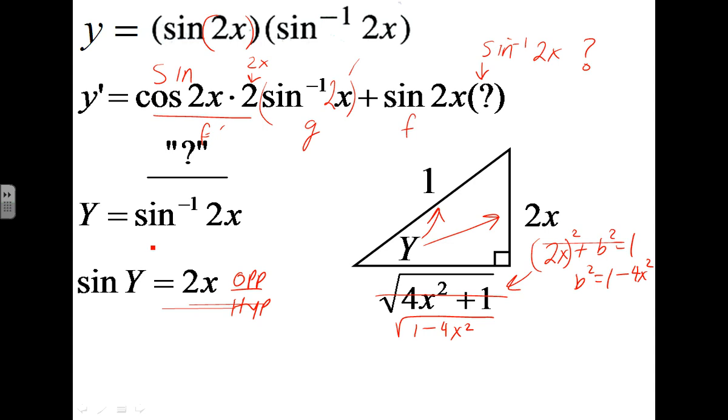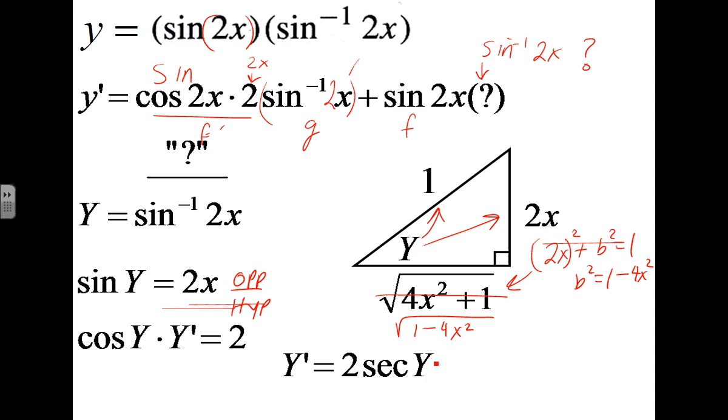Oh, now we're ready for the derivative. The derivative of sine is cosine, derivative of 2x is 2, and the derivative of y is y prime. So, y prime is going to equal 2 times the secant of y. And the secant is going to be the hypotenuse over the adjacent side.